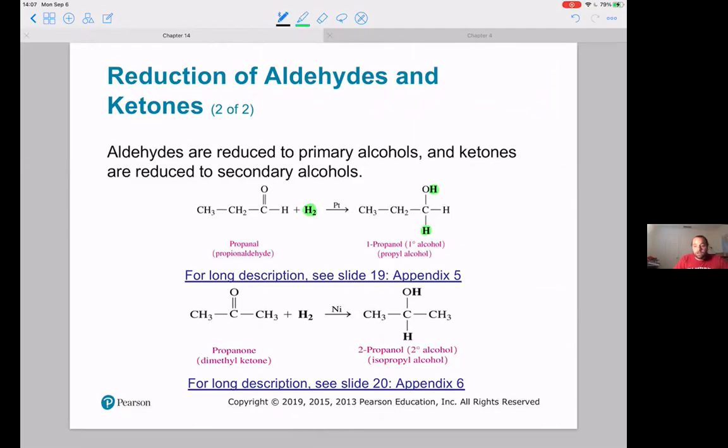We actually already saw something really similar to this when we were talking about alkenes. We saw that we had a double bond and then we could add hydrogen gas over a platinum catalyst, palladium would work too, but whatever. Same sort of idea, an addition reaction where that hydrogen goes onto either side of the double bond. We see the exact same thing here, right?